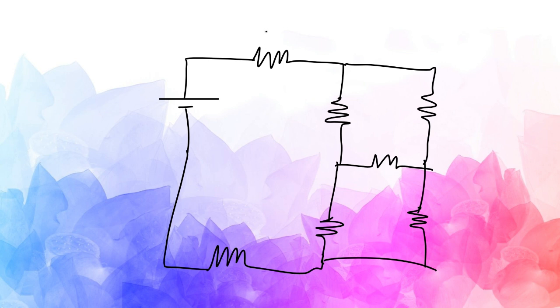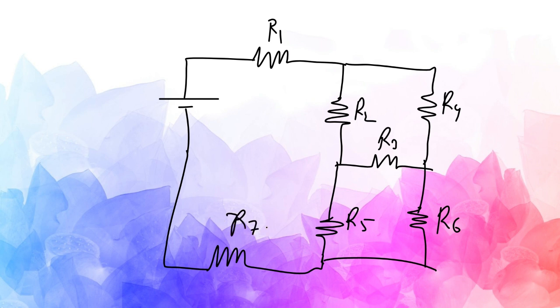Okay, so this is R1, R2, R3, R4. Let's say it is R5, R6, and this is R7. This is E, right?